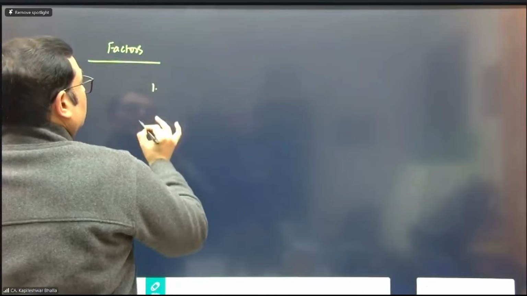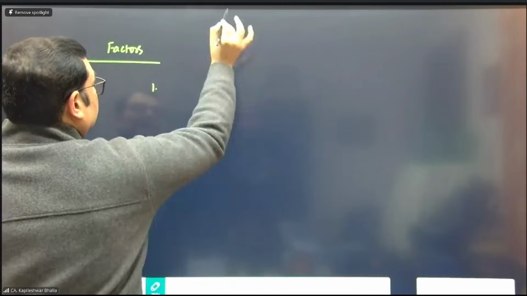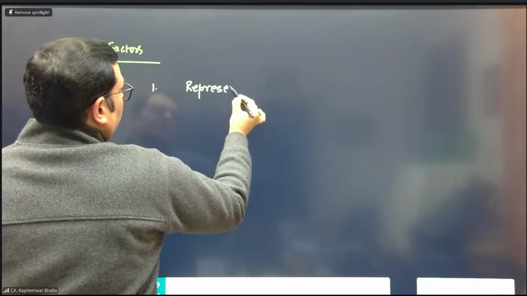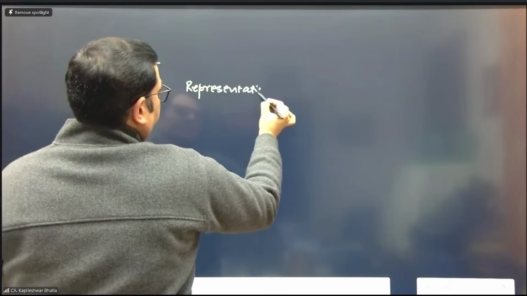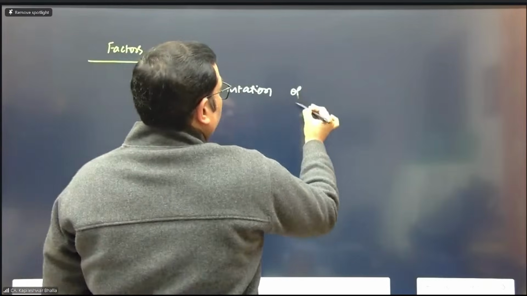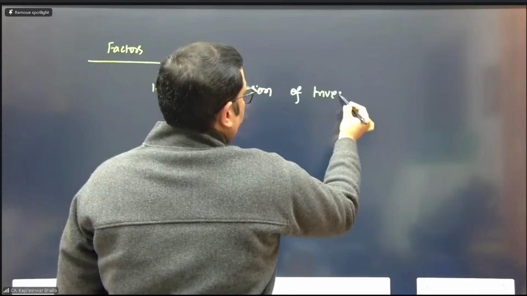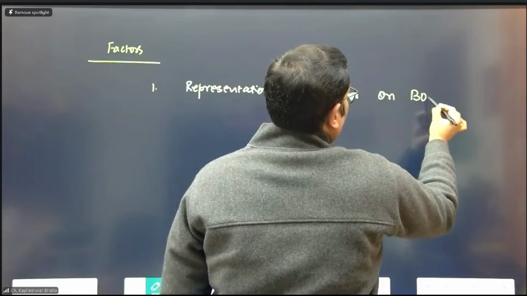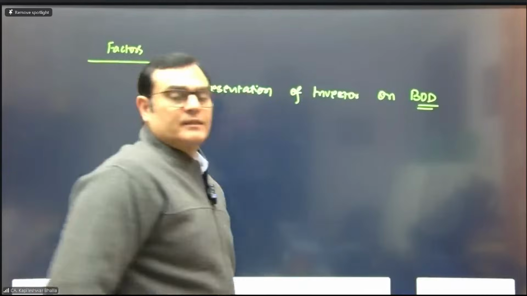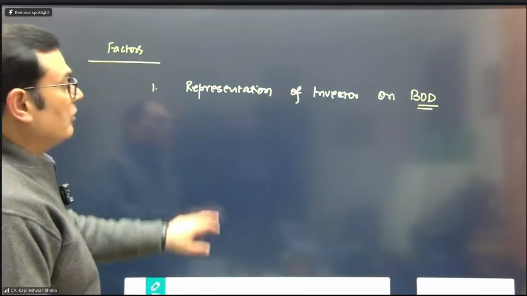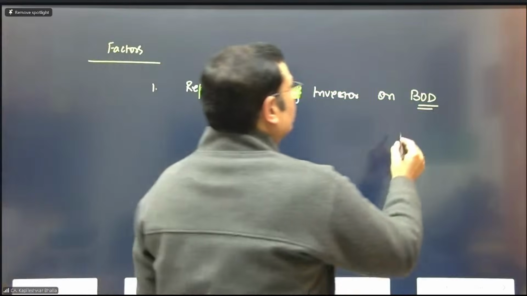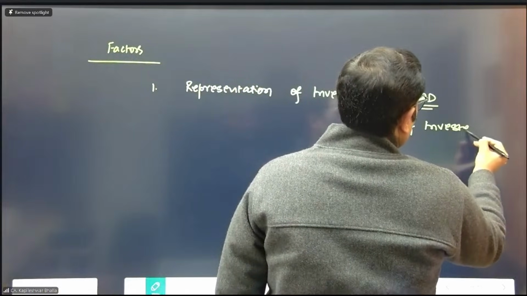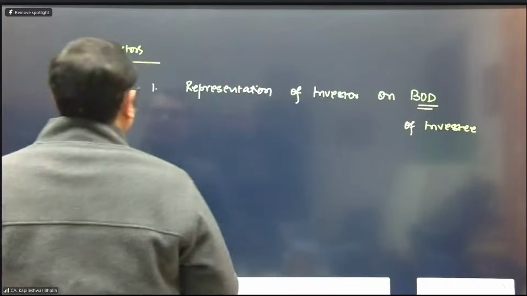Factor number 1 is that there is a representation of the investor on the board of directors of the investee. So I have a representation on the board of directors.